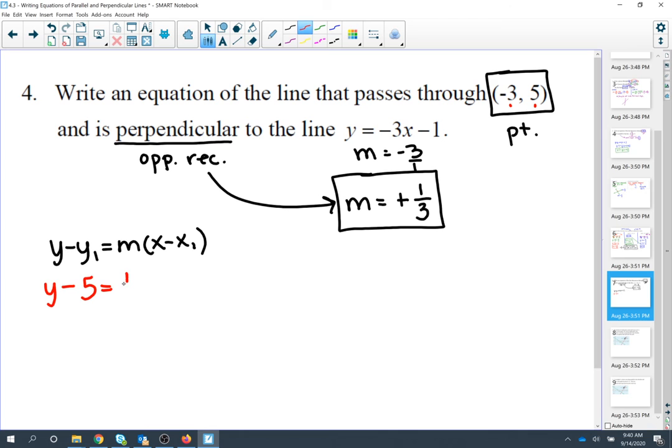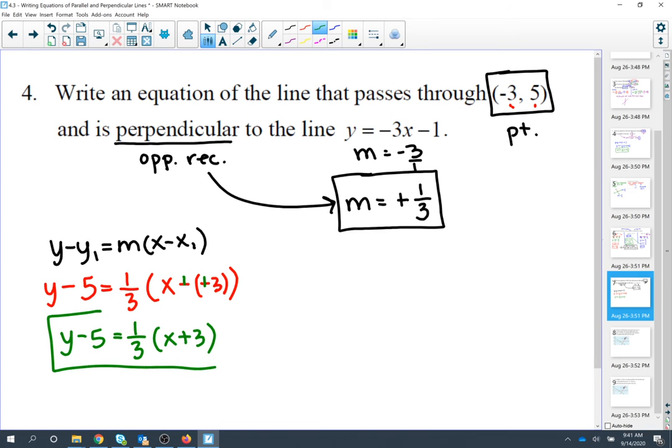So we're going to grab +1/3, x minus my x, which is -3, and then we're going to clean it up. So the first thing I'm looking at is just right here. So I'm going to keep y minus 5 equals 1/3 x plus 3. And then once again, they didn't say anything about what form it had to be in. So just leave it in point slope form and you're done.